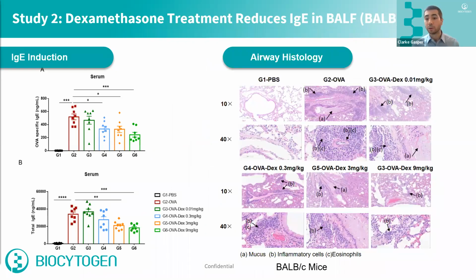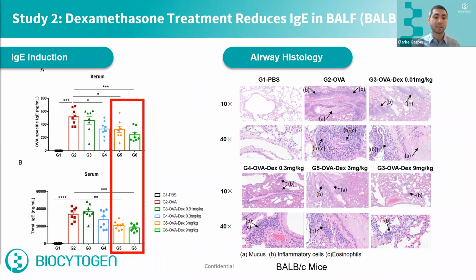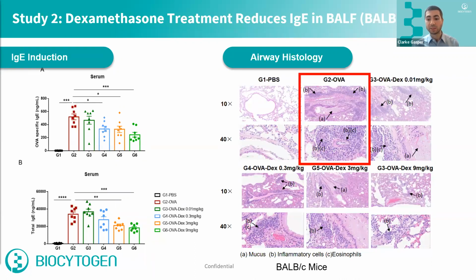And so higher doses of dexamethasone also reduced serum IgE levels in asthmatic mice compared with ovalbumin alone. And on the right, H&E staining demonstrated that the inflammation and mucus significantly increased in the ovalbumin group only.